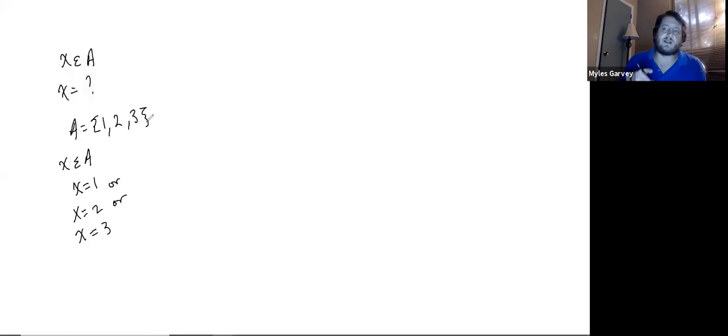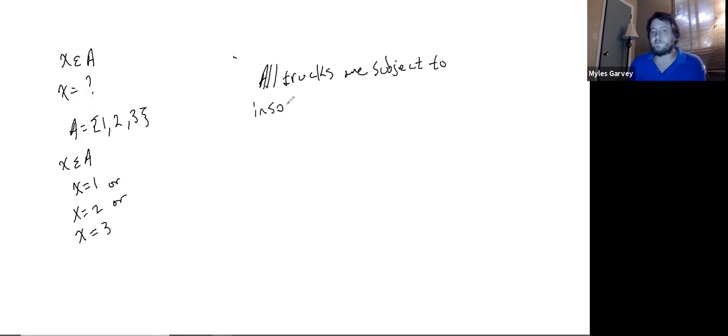Does the statement apply for only one of them, a unique one of them? Does there exist one of them? Does it apply to all of the elements in the set? For example, suppose I said that in my company, all trucks are subject to inspection.